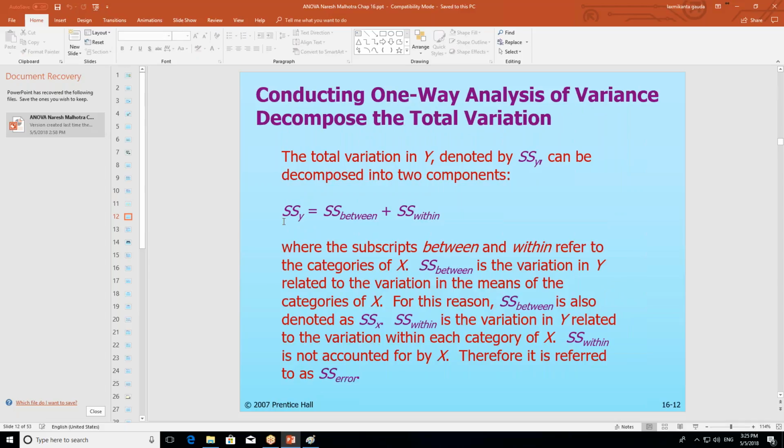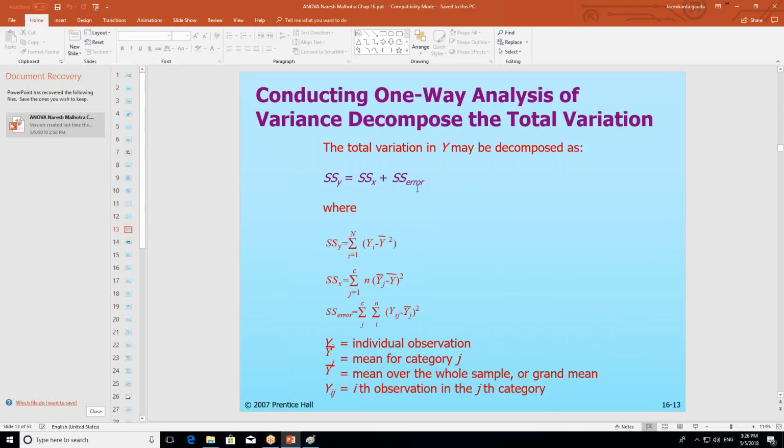Total sum of squares is nothing but sum of squares between the group plus sum of squares within the group. And what they are saying is SSY is equal to SSX plus SS error. Now SSY is total variation, SSX is the sum of squares between the groups, that is n times (yj minus y all) squared, and SS error is the within the group variation, right?